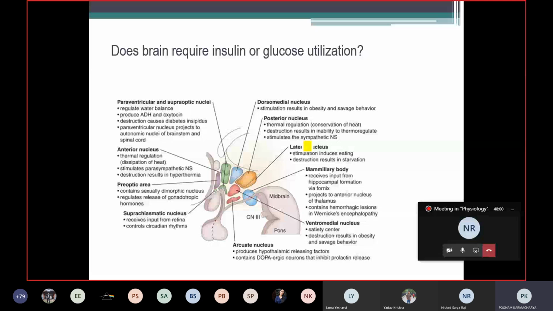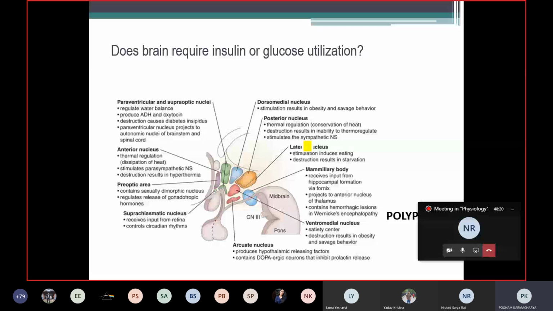Okay, so the person who has insulin deficiency tends to eat more and will always be hungry, because the ventromedial nucleus will not be able to utilize the glucose in the absence of insulin. The satiety center will not be satiated.